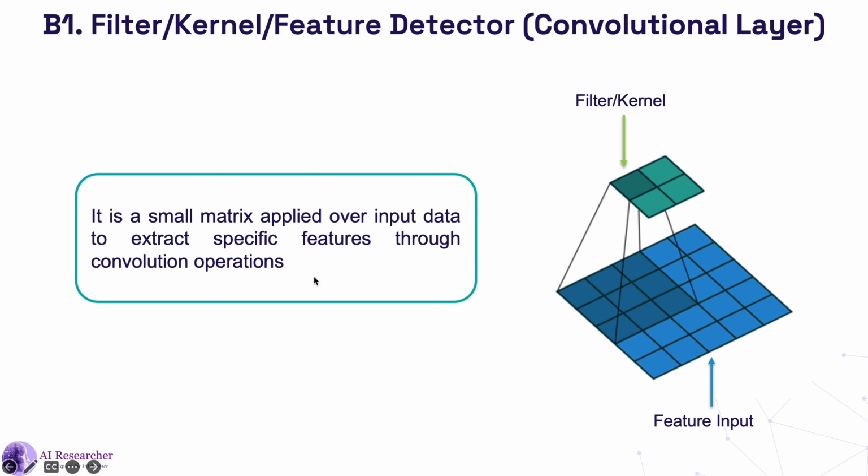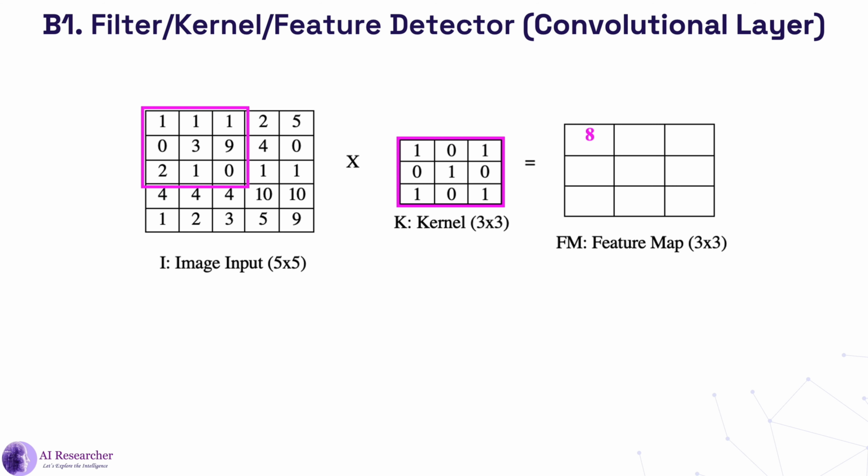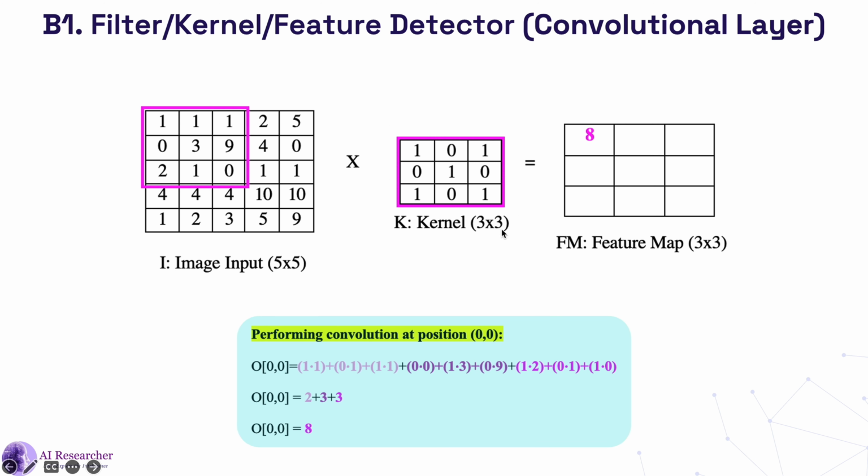So let's see the mathematics behind how filter works. In here I try to show you the convolution operation, which is a fundamental component of convolutional neural networks, using this simple example. So here 3 by 3 is the kernel size and the input size is 5 by 5, used to produce the feature map of 3 by 3 size.